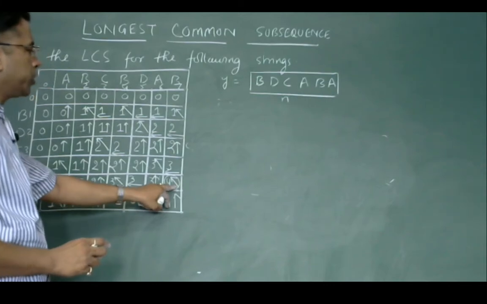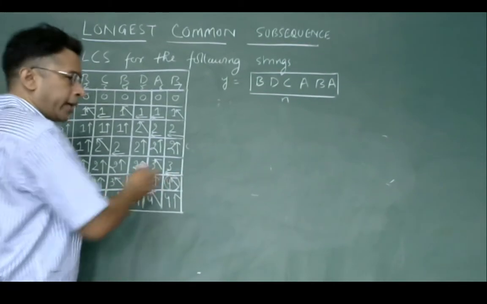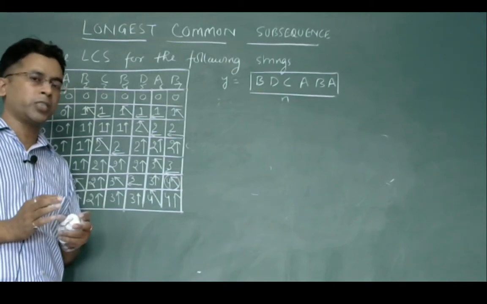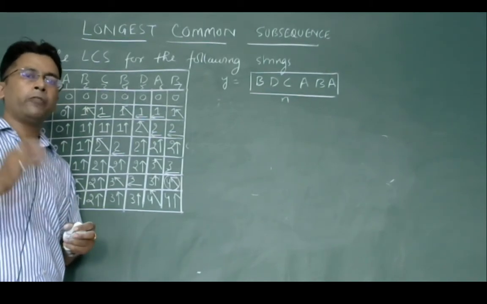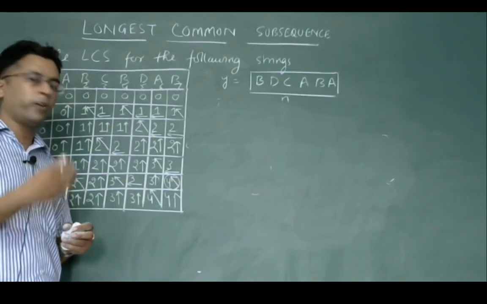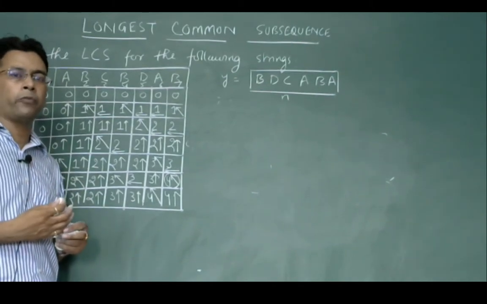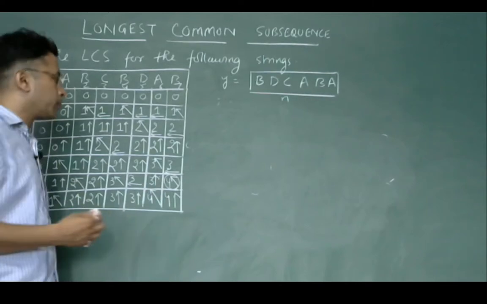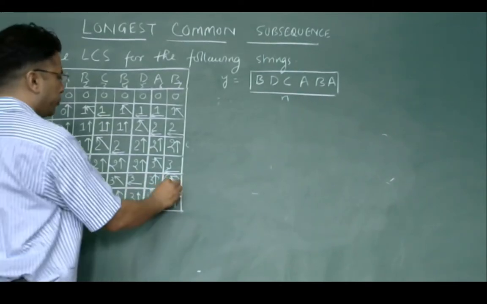When we start from this position, we move in the direction of the arrow, and we accumulate all the positions where an inclined arrow occurs, and we decrement the value one by one until we reduce to the value 1. So finally there is a position 4.